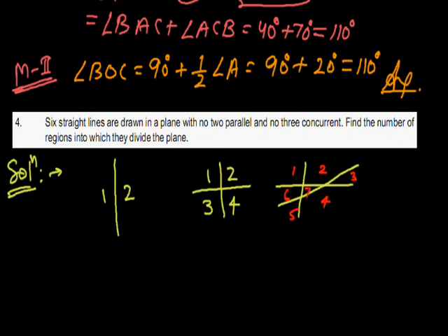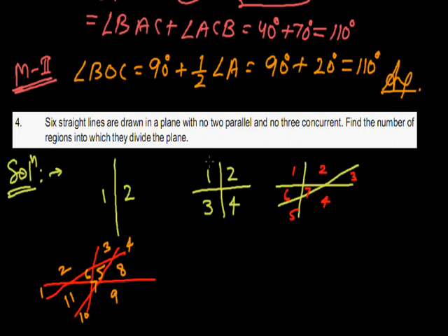Now if there are 4 lines like this, all the lines intersect, as we have been given in the question that no 2 are parallel, that means all the lines are intersecting each other. So the fourth line may be drawn like this. Now the number of regions will be 1, 2, 3, 4, 5, 6, 7, 8, 9, 10, 11.